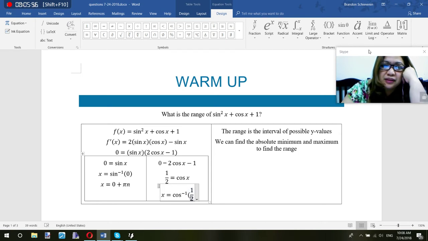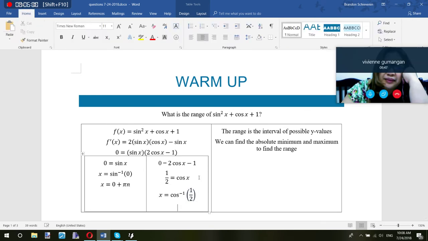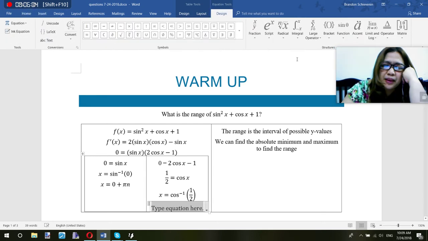Put that in parentheses, but you're right. And so then where is the cosine equal to 1/2? Pi over 3, 60 degrees.